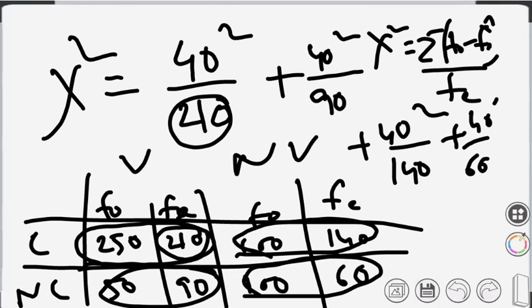So 40 square by 210 plus 40 square by 90 plus 40 square by 140 plus 40 square by 60 equals 63.49. What did you get? Sir, 63.5. Yes, 63.4, like that.